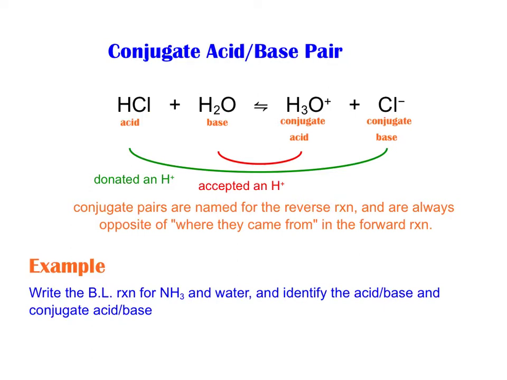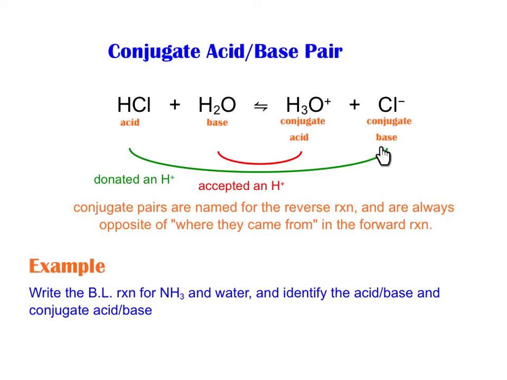And so in this case, water will act as the base. Okay, now water, we'll get to it, but can act as both an acid and a base. It just depends on what it's with. So as the acid gives up its H, it becomes Cl minus. The base accepts that H and becomes hydronium. Okay? So the acid donated, the base accepted.